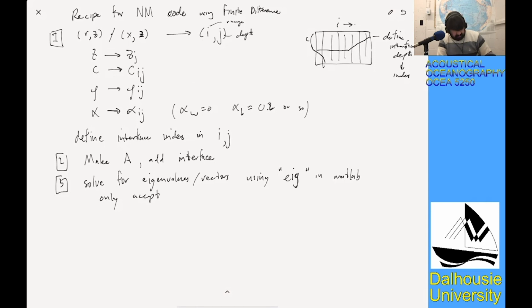So only accept positive eigenvalues between limits omega over the max of C and omega over the min of C, right? And these are modes that physically propagate, right?